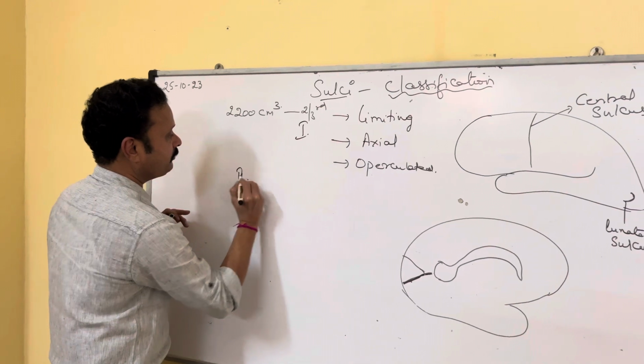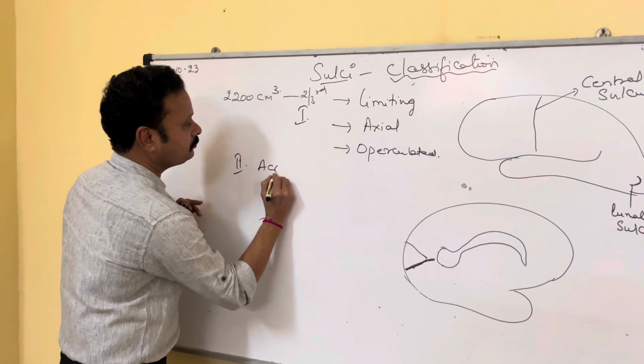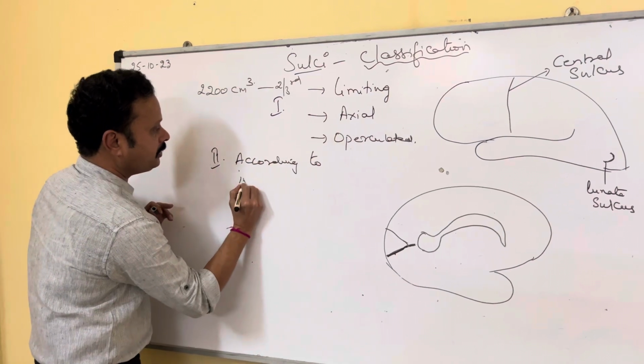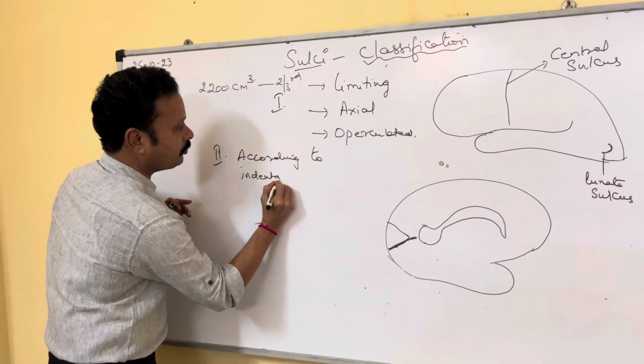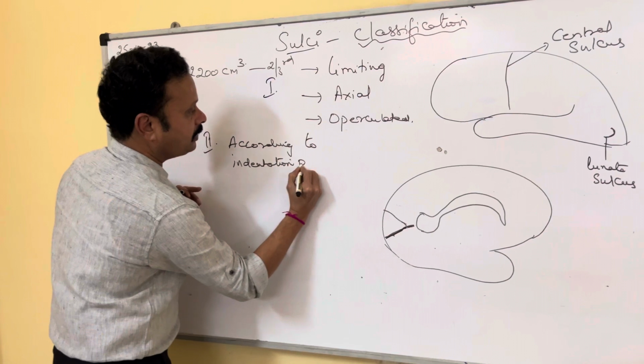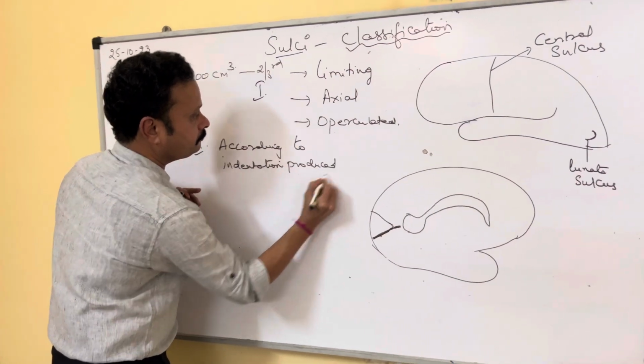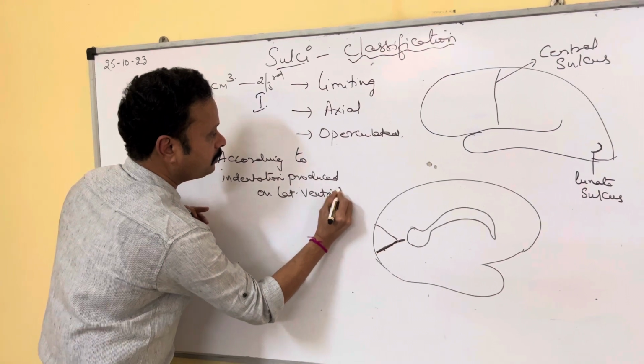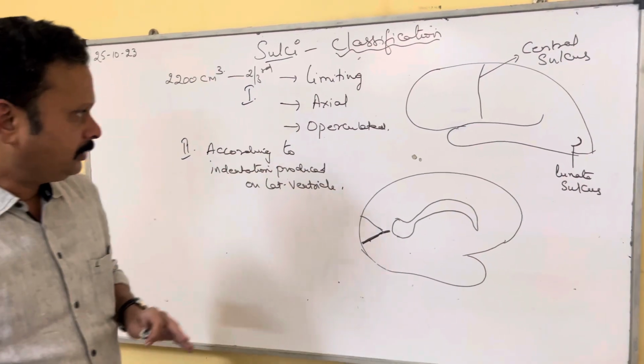Second type of classification is according to the indentation produced on the lateral ventricle.